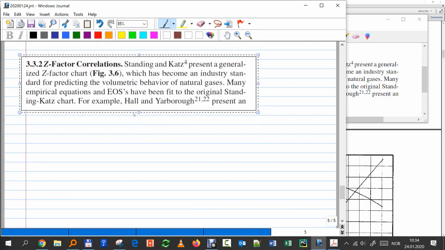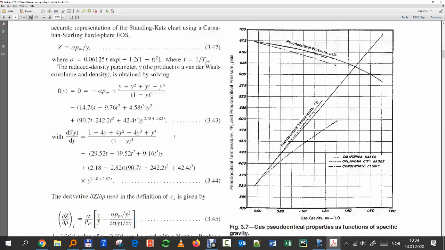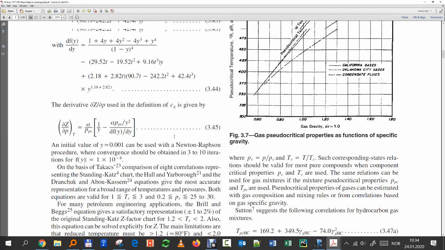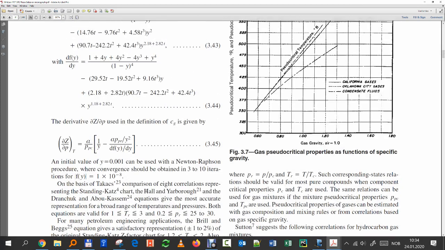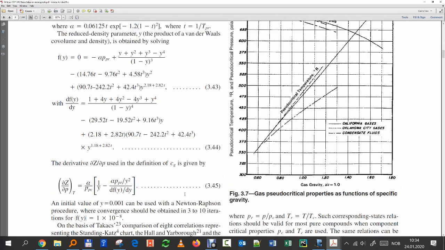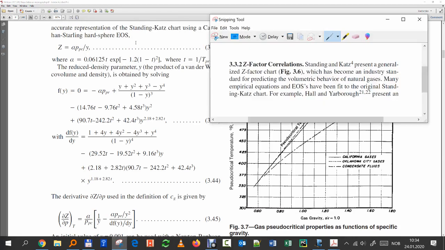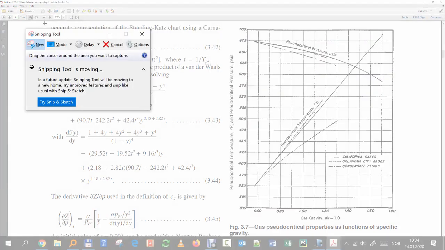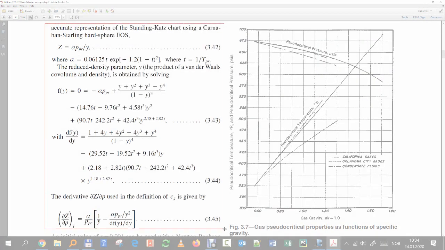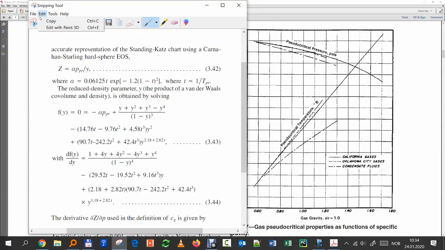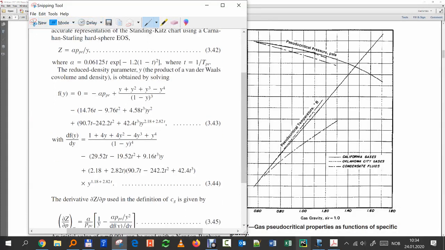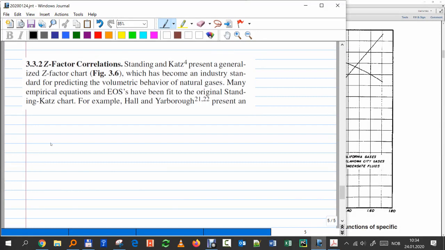That procedure, I think, was done by Paul Yarborough. You have to solve a bit of an ugly equation, but you can read more about it.